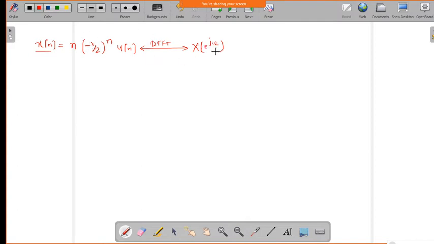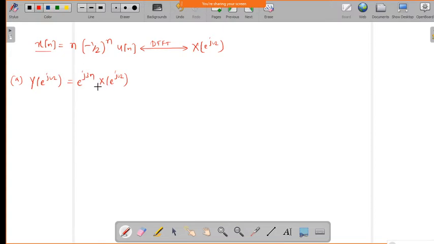But without computing this X of e power j omega, by using the properties of the DTFT, find out Y of e power j omega, which is equal to e power j 3 omega into X of e power j omega. Find this without computing X of e power j omega. This we can find by using the DTFT, but without finding it, just find Y of e power j omega, which is equal to this.